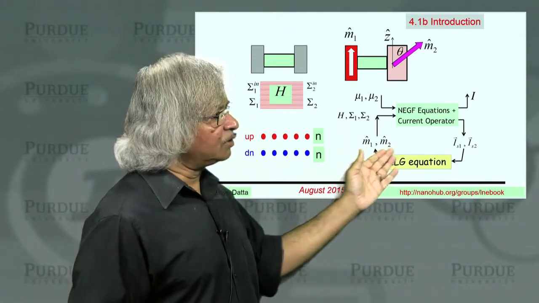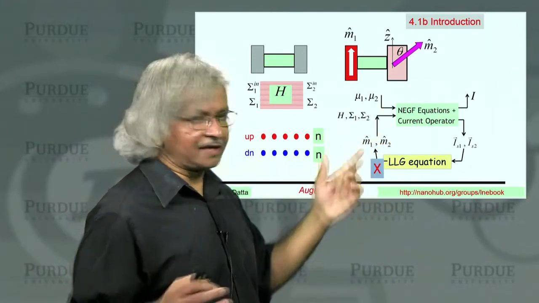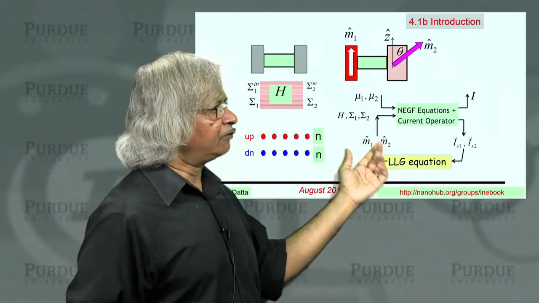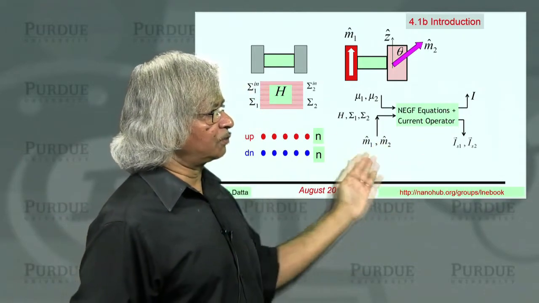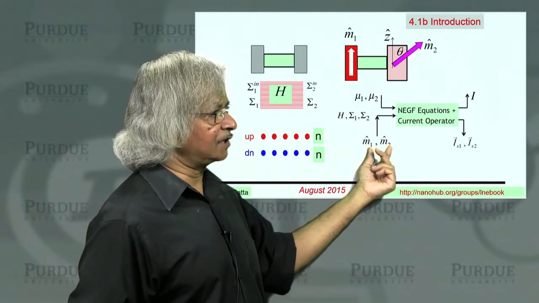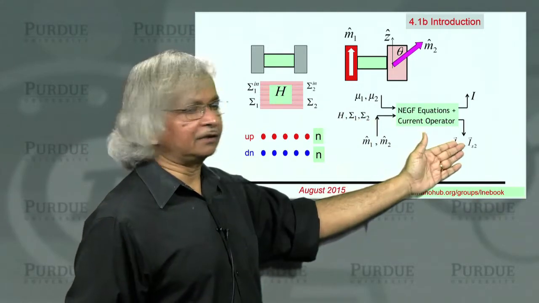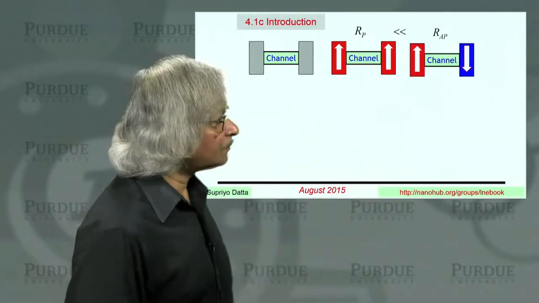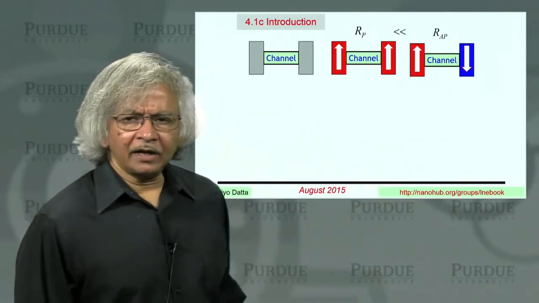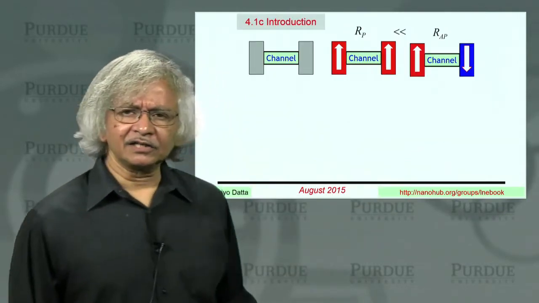So the idea is we'll treat magnets as fixed things. They have a certain magnetization, and we'll focus on the transport part of the problem: given certain magnetizations, how you write sigma 1, sigma 2, how you calculate spin currents. Okay. So why are magnetic contacts important?